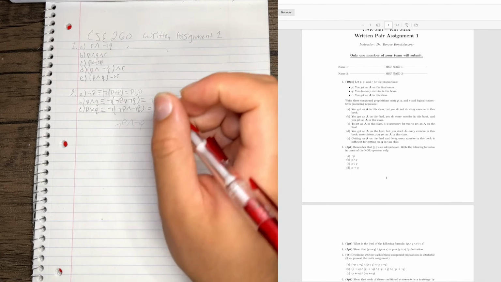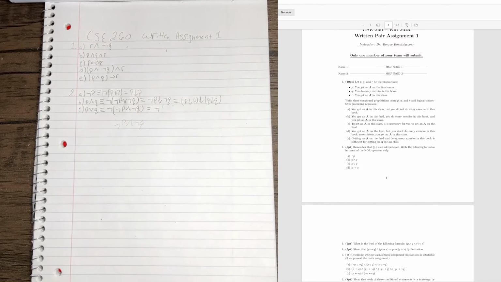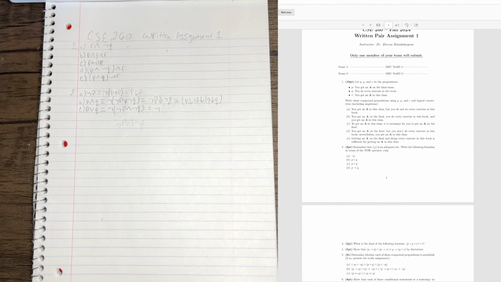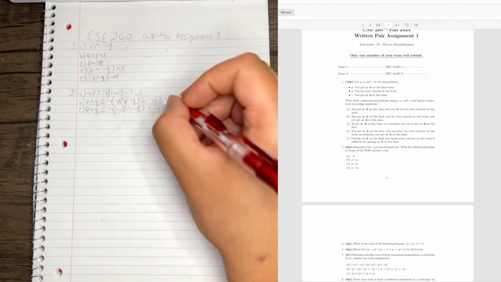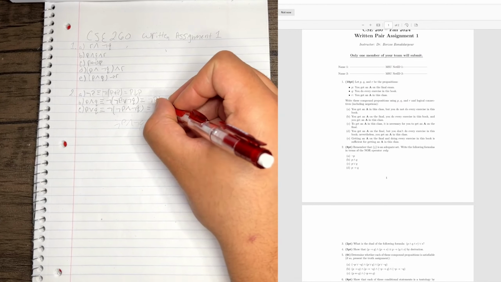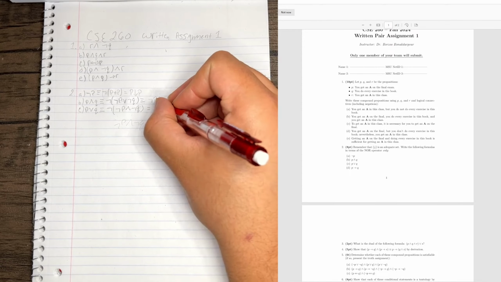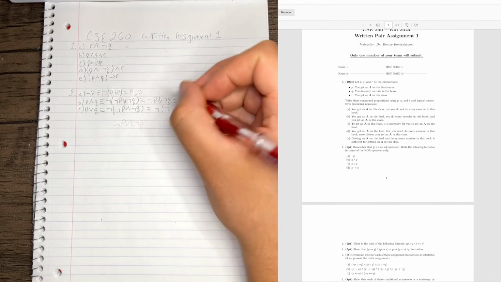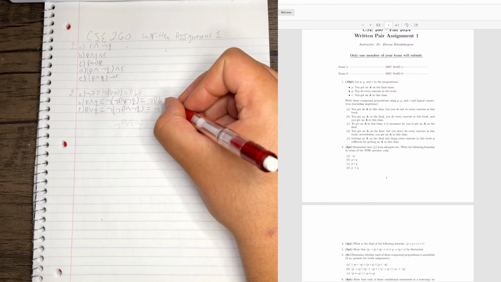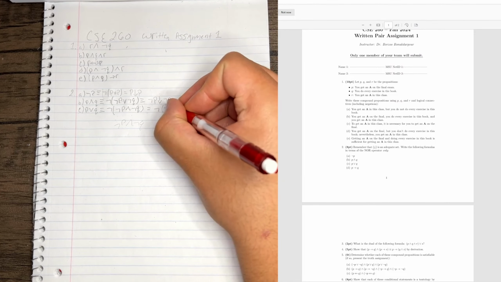That's what it looks like when you actually distribute that. So that's what we have in there. We have that NOTed. So essentially what we can do is just pull that NOT out and flip our signs back.